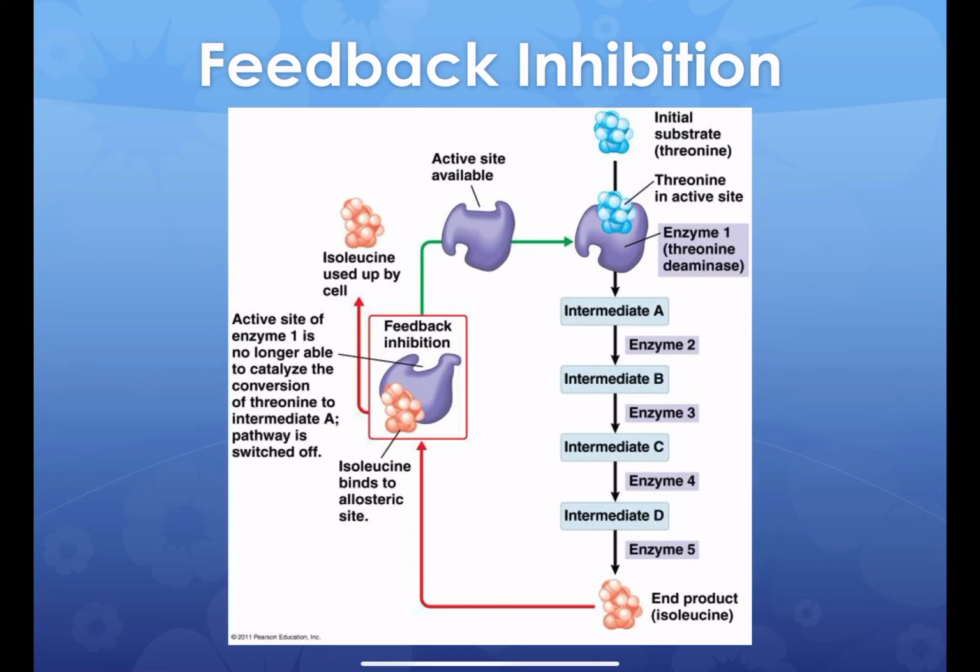So, feedback inhibition. We talked about feedback inhibition at the very beginning in our very first unit. And so what happens in feedback inhibition? This example I want you to tell me in just a minute. Look at this and tell me, is this negative or positive feedback?